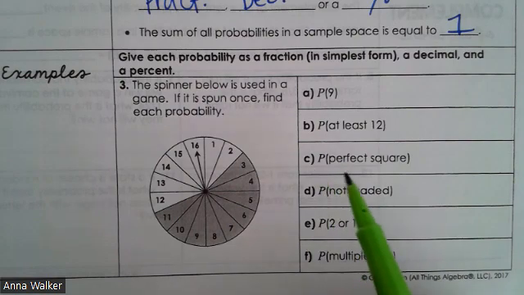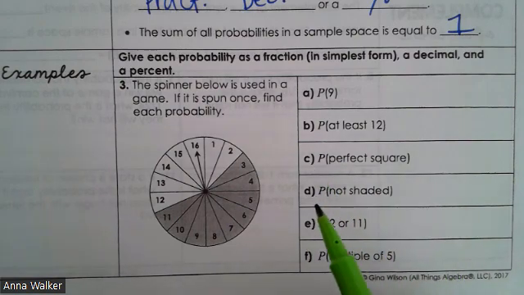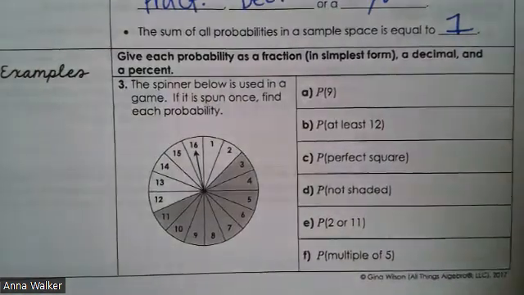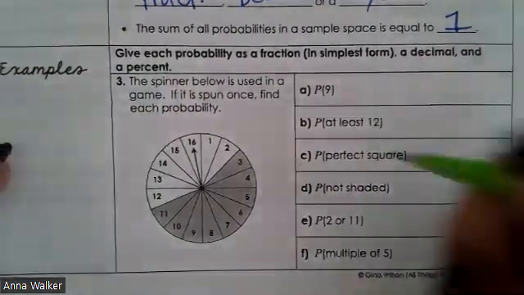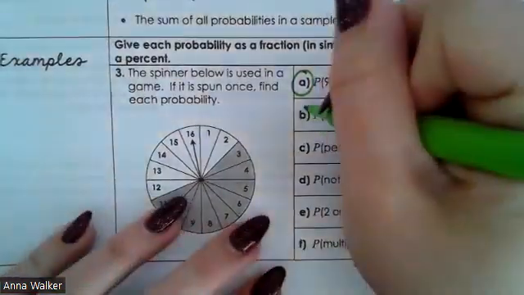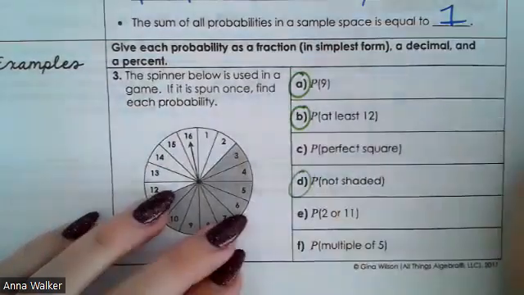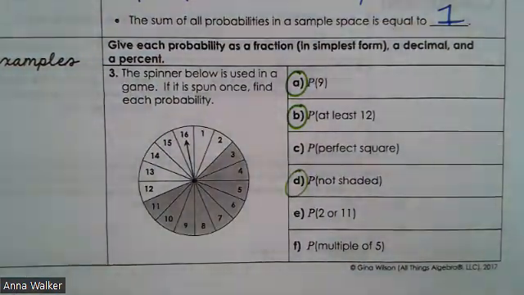What's the probability that it lands on a perfect square? What's the probability that it's not shaded, and so forth? We're just going to do a couple of these for the sake of time. So I'm going to do letter A, letter B, and let's do letter D. I will have the other ones listed in the table of contents for answers, or you could always check with your teacher if you want to try the other ones on your own.